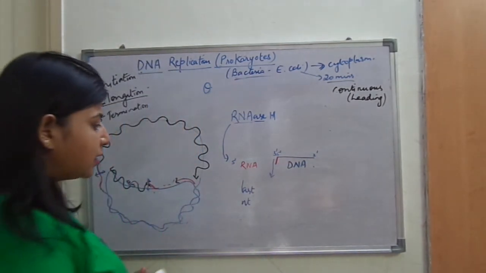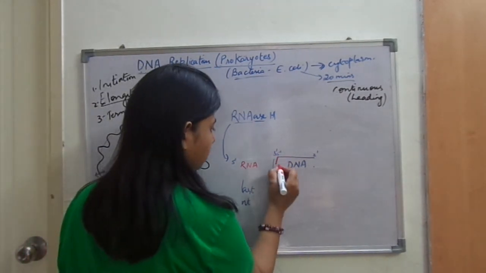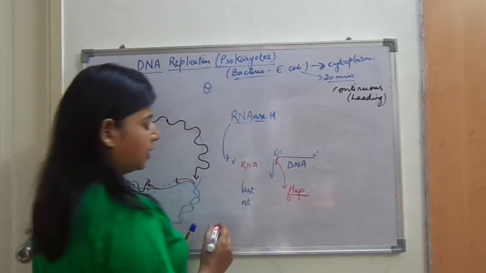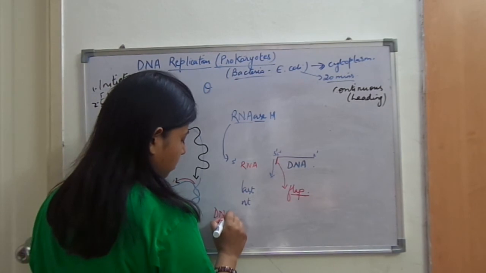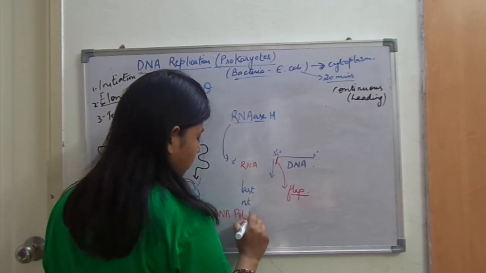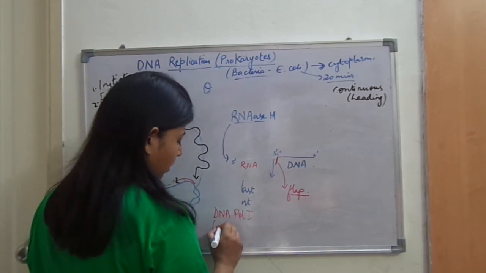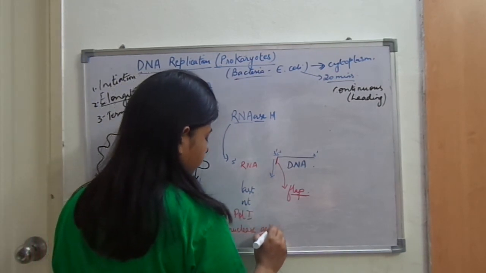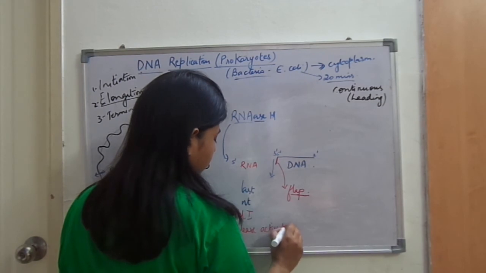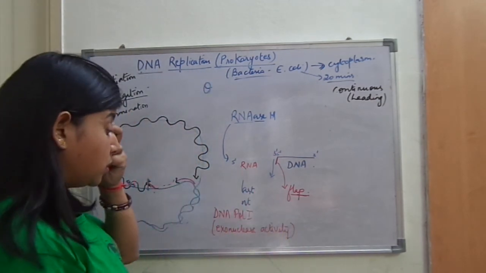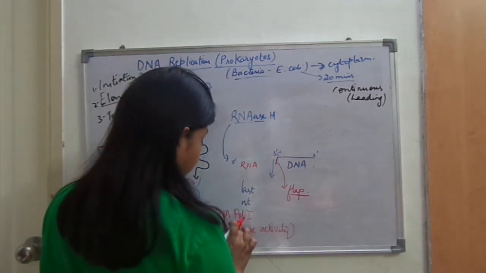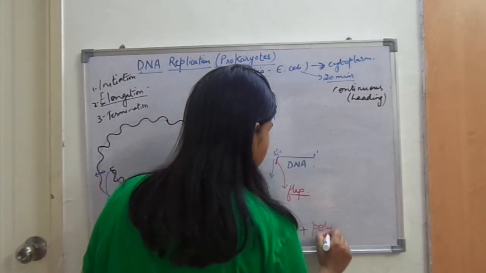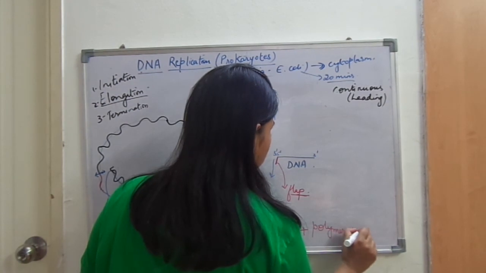Right? And this looks like a flap, right? And DNA polymerase 1, there is one more enzyme, that is DNA polymerase 1. This has exonuclease activity, right? What does DNA polymerase 1 do? It has exonuclease activity also, and it has polymerase activity also, right?